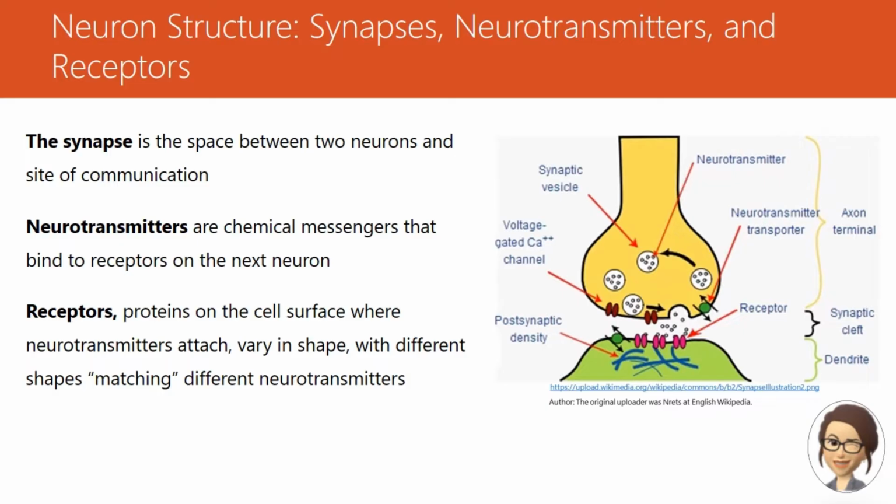So, a synapse is the place between two neurons and the site of communication, while neurotransmitters are chemical messengers that bind to receptors on the next neuron. Receptors are proteins on the cell surface where neurotransmitters attach. They vary in shapes, with different shapes matching different neurotransmitters.